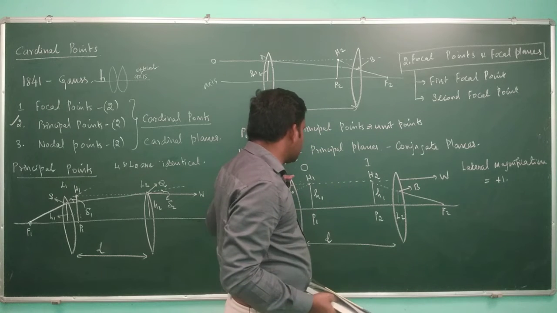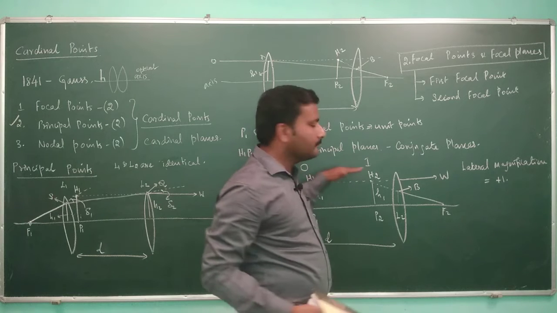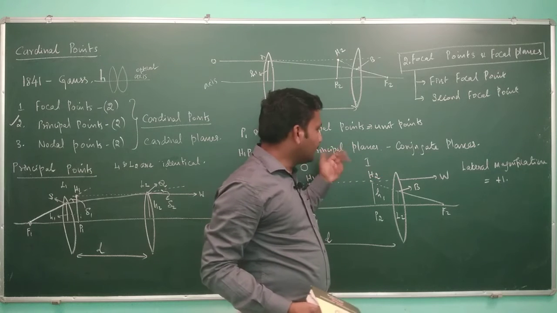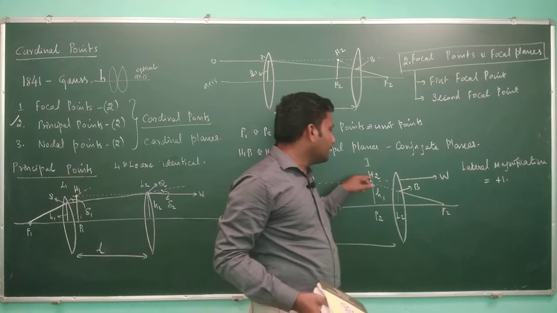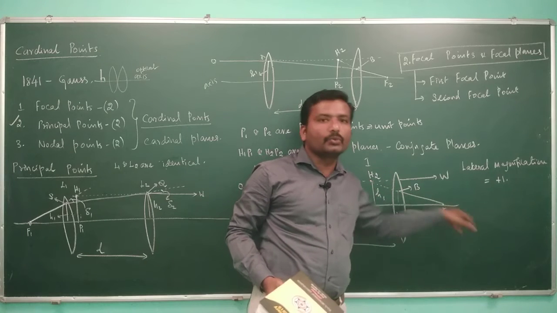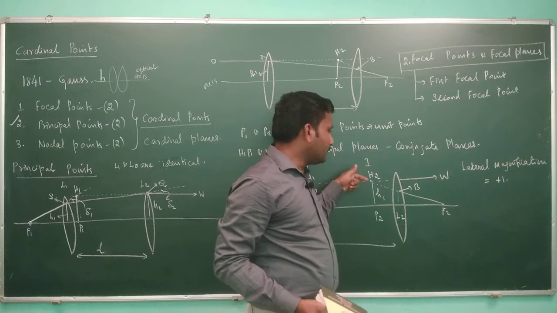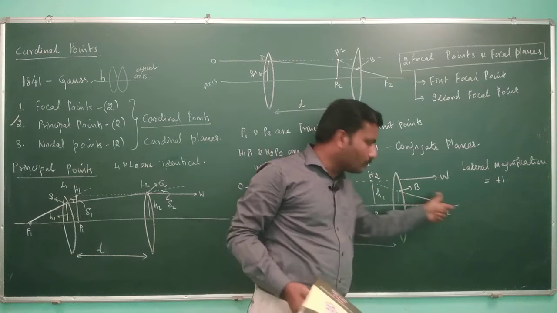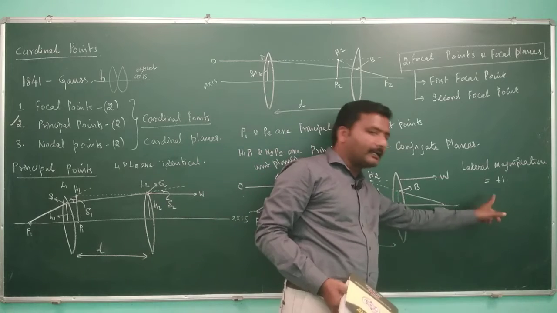Now, the second focal point is a point such that if a light ray travels parallel to the optical axis and is refracted in a lens system, then after refraction it will pass through it. A parallel beam of light after refraction in a lens system will pass through a point on the optical axis.